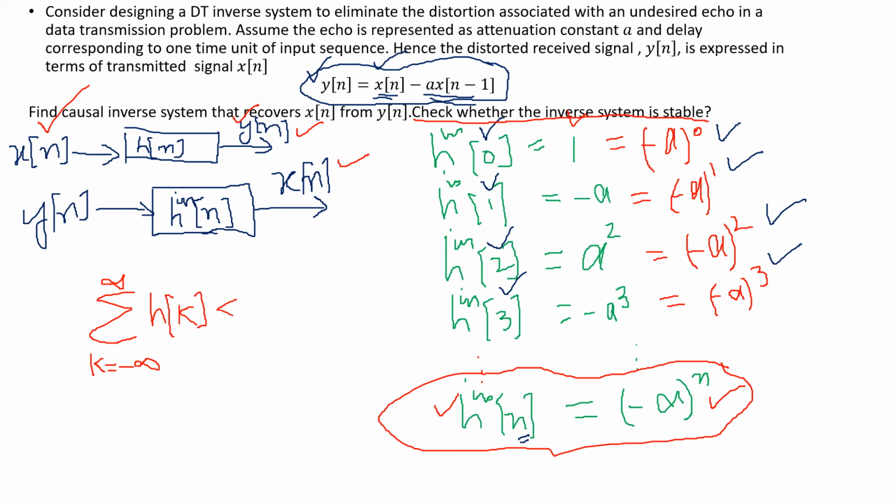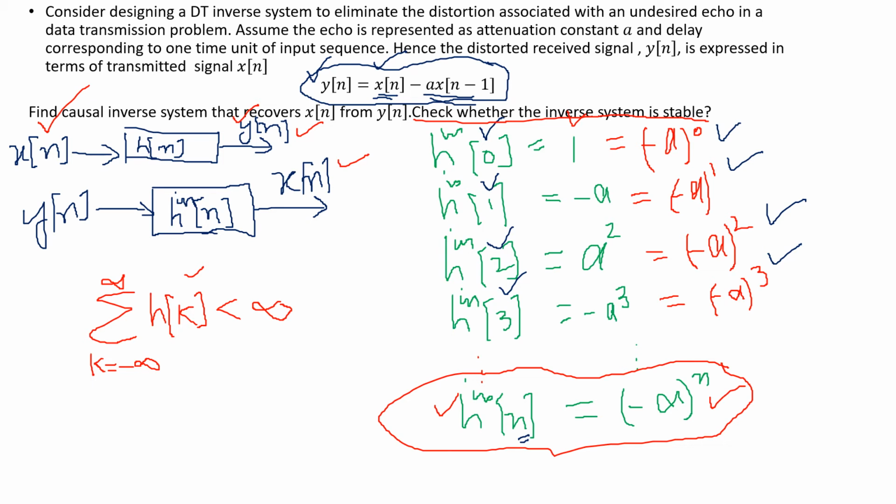That means it should be less than infinity, or in other words, bounded. If this is bounded, the system will be stable. If this results in infinity, that means the system will be unstable.